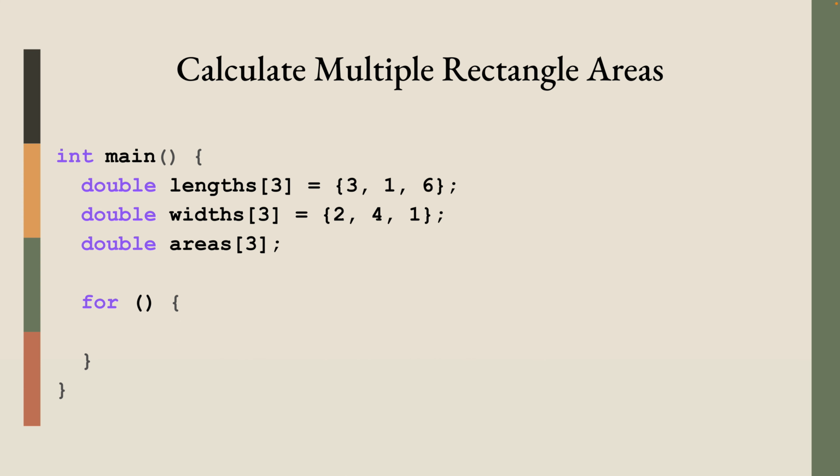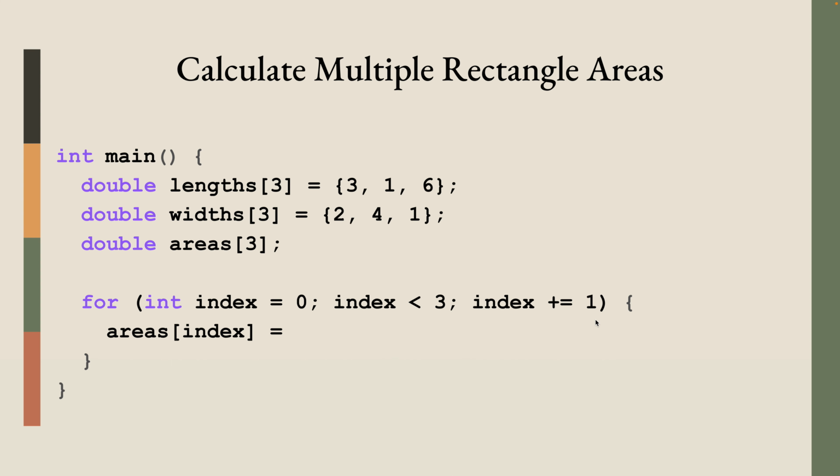Is it less than or equal to 2? Yep, less than or equal to 2, or we say less than the size usually, so less than 3. And then the update. Cool. So index equals 0, index less than 3, index plus equals 1. Again, this only works because both of them are size 3. If one of them was size 2, then this code would break because we'd have an index out of bounds.